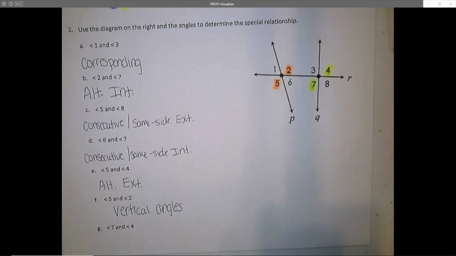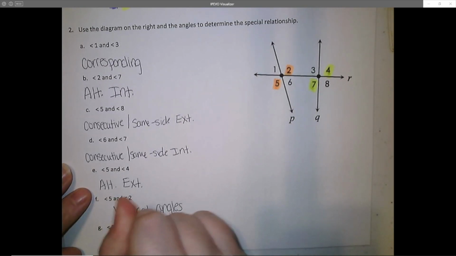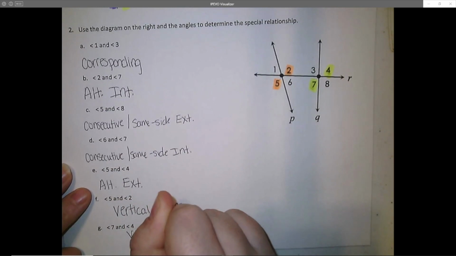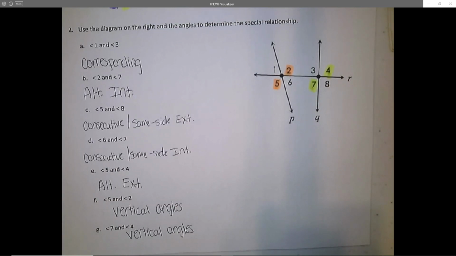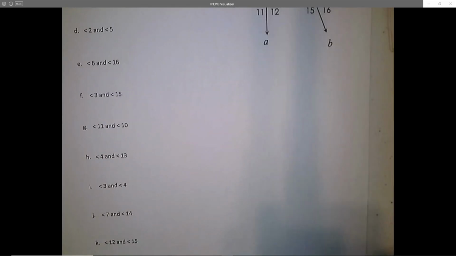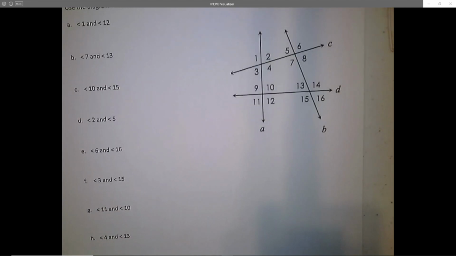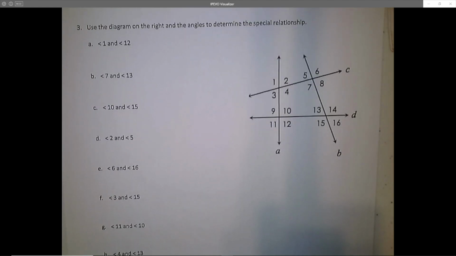Hopefully you're seeing 7 and 4 the same as 5 and 2. These are vertical angles. Vertical angles and linear pairs will show up. Now I'm going to look at this last one, which is just a little bit harder of a picture. We have multiple lines, multiple transversals.